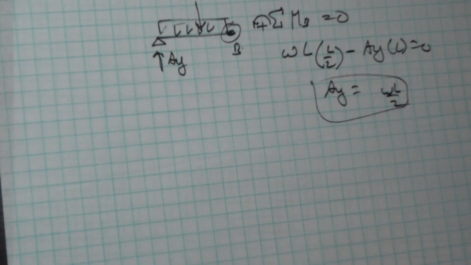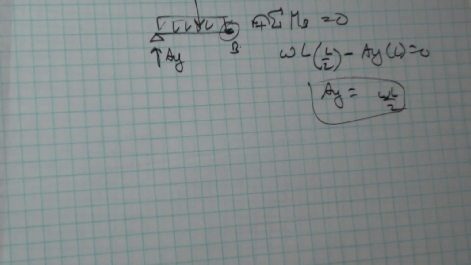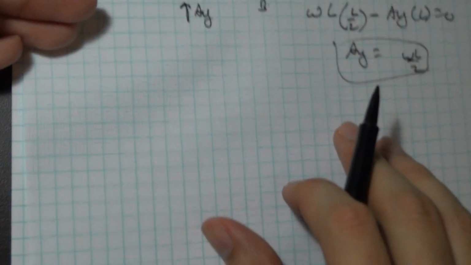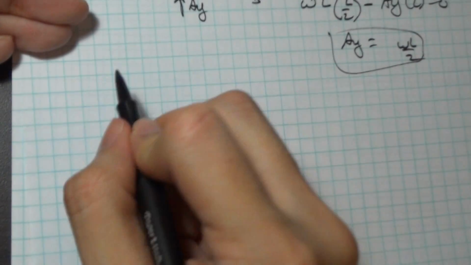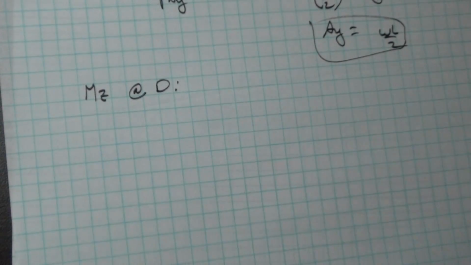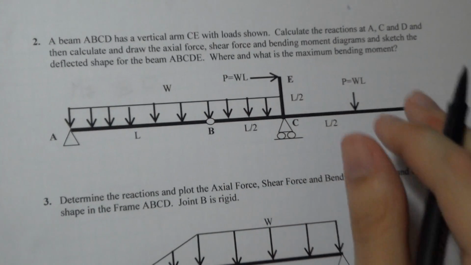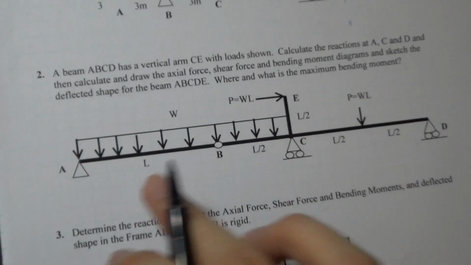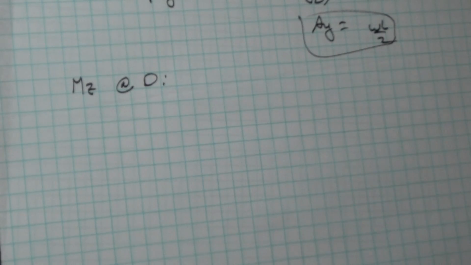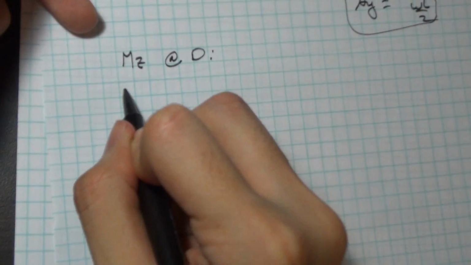If I want to do moment about some point, for example moment about D, I would have a much more complicated moment equation. So I'm going to say the moment about D must equal 0. And if I'm doing this, I have to look at every force on both sides of the hinge. It's still doable, but as you'll see, this equation is much longer.